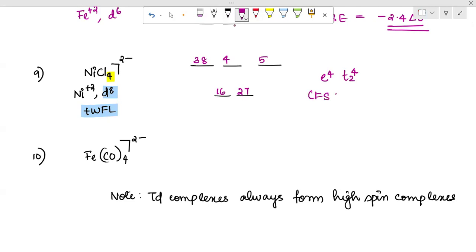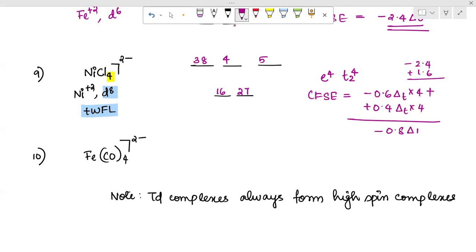What is the value of CFSE? So you have 4 electrons in E, which is stabilized, minus 0.6 delta T into 4, plus 0.4 delta T into 4. Correct? So this gives you 4 into 6 is minus 2.4. And at the bottom, what you have is plus 1.6, which means minus 0.8 delta T.